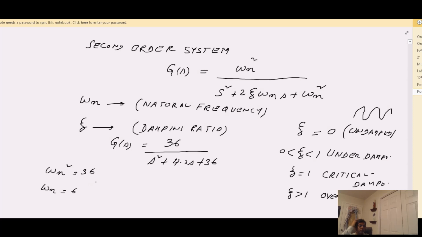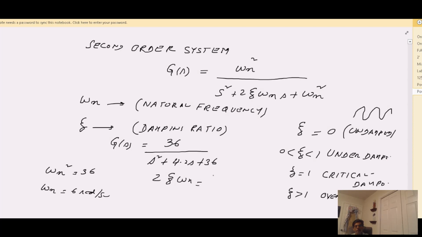Now remember the unit is radians per second, so omega n is the natural frequency, so that will be 6 radians per second. And if we want to find the damping ratio, we have to compare it with the standard form, and you can see 2 zeta omega n in our comparison.